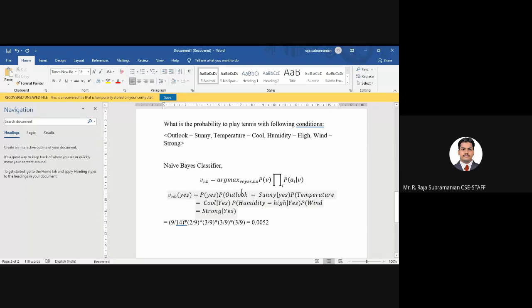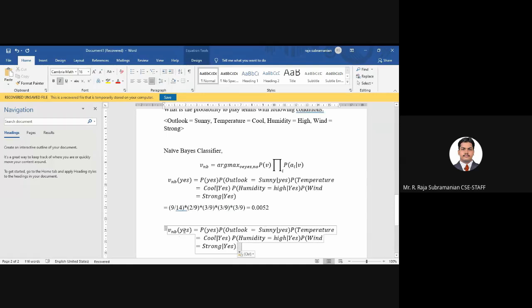Now this is my first argument. I need to take the maximum of either S or no. The probability of S for this particular condition is going to be 0.0052. Similarly, I can calculate the probability of no. I'll finish it quickly. Instead of S, I use no, so everything will now become no. I need to take the probability of no with respect to everything.